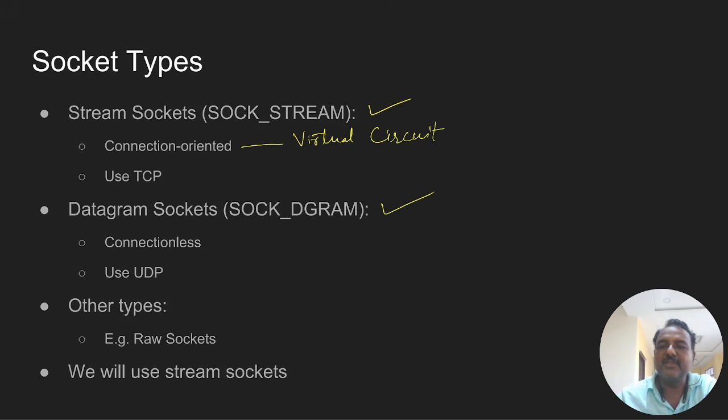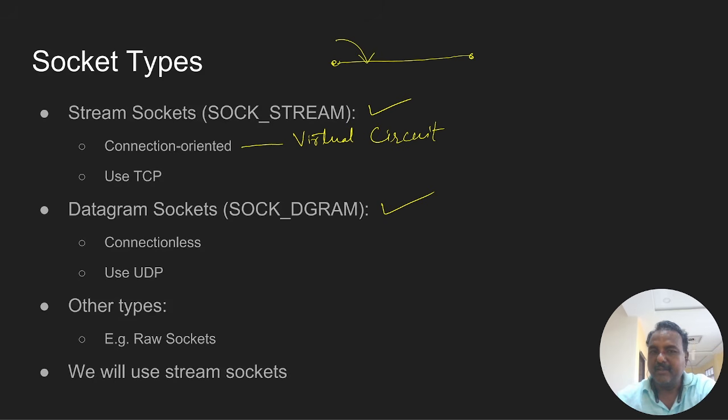A virtual circuit is created between the two devices who want to communicate. So there is a virtual circuit created over the internet, and the data transmission is done only through this virtual circuit.